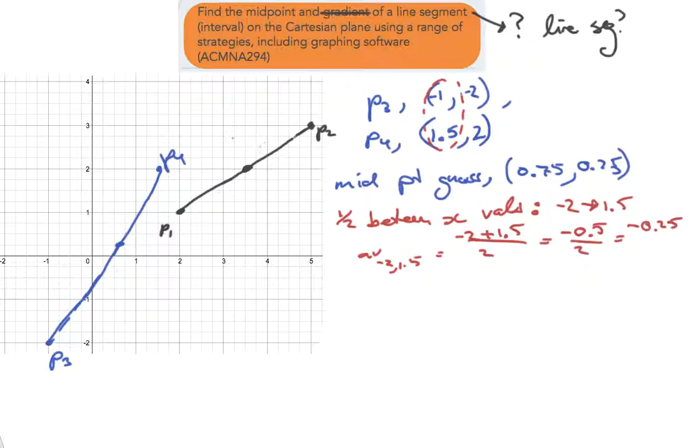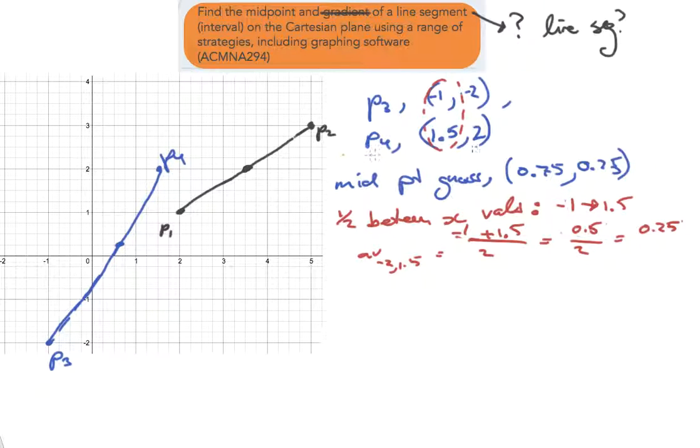Okay, so now we can fix this up with negative 1 plus 1.5. Did you spot it? Negative 1 plus 1.5 equals 0.5, which over 2 is 0.25. Okay, great.